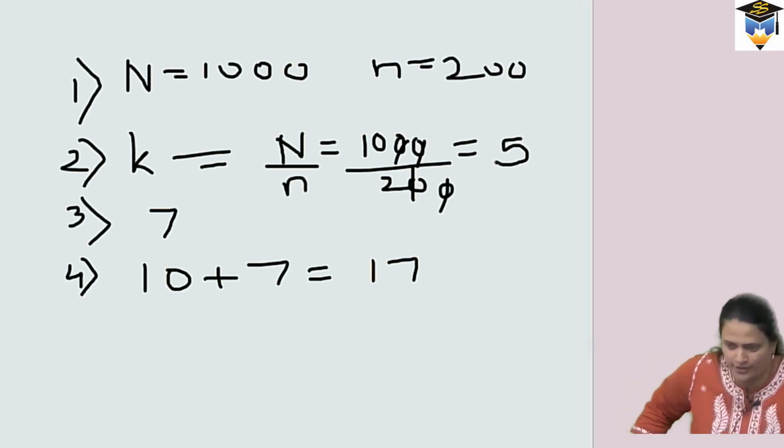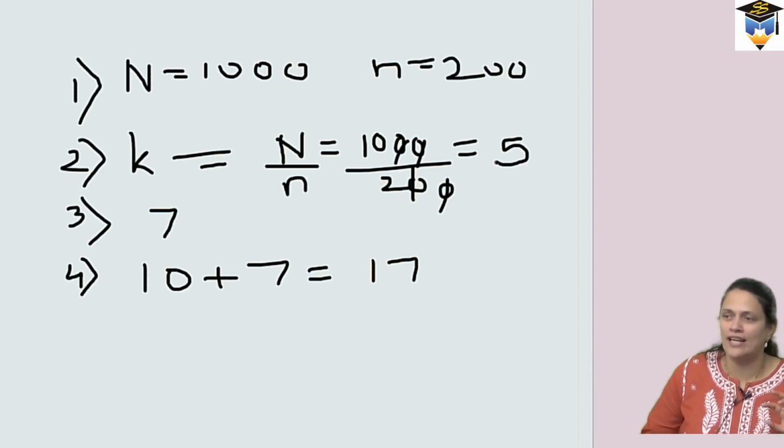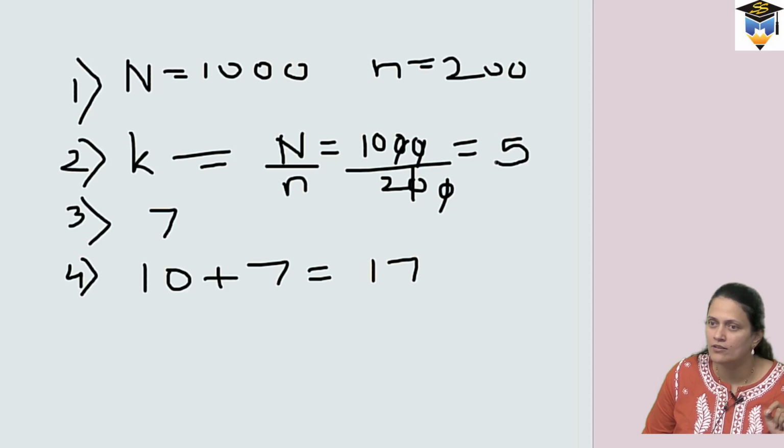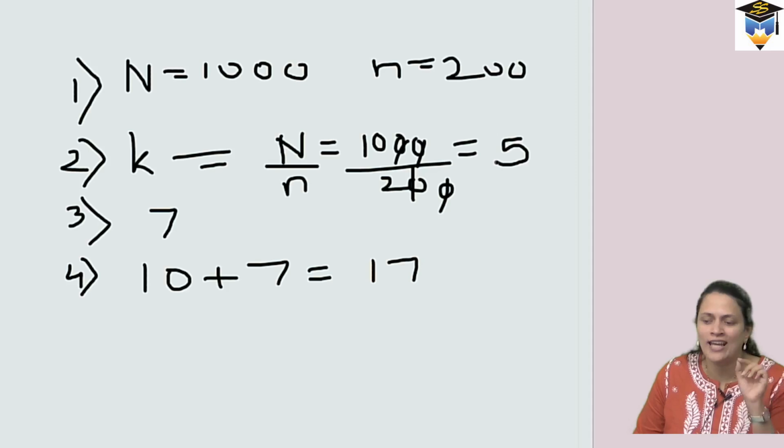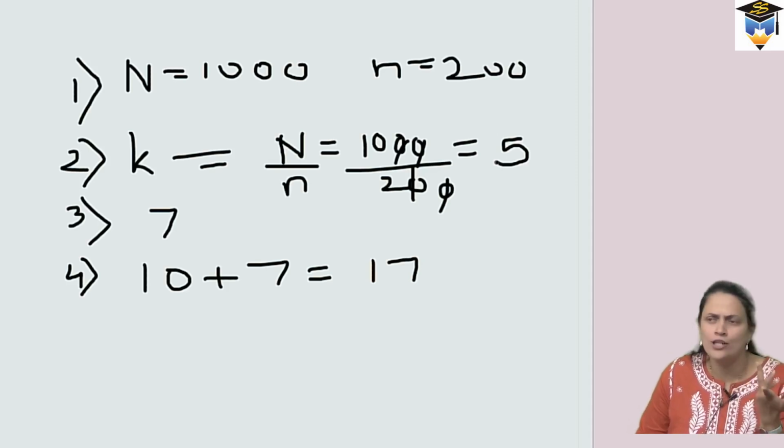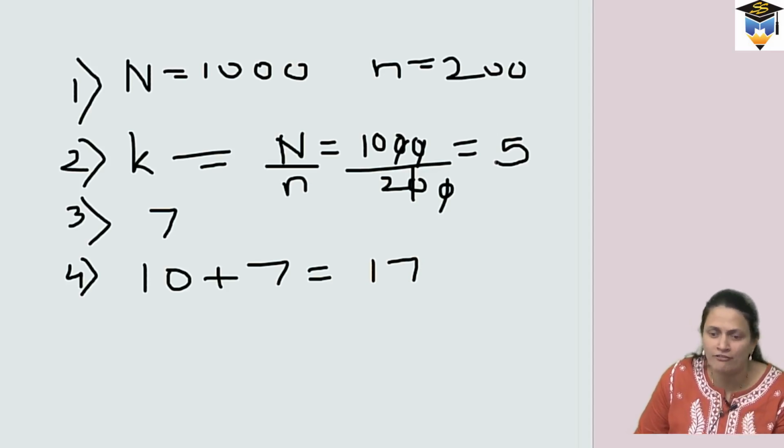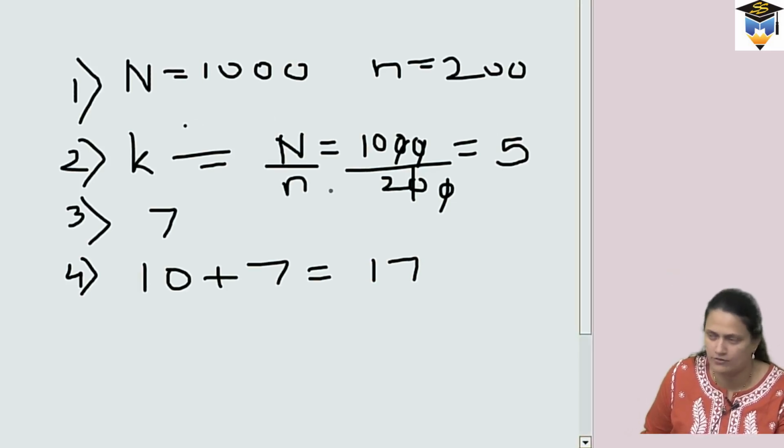Every fifth. So if I choose, can I choose number 7 now? Yes, I can. Why not? See, even though k is equal to 5, I can choose any number. If I select 7, then it will be 5 plus 7, that is 12.